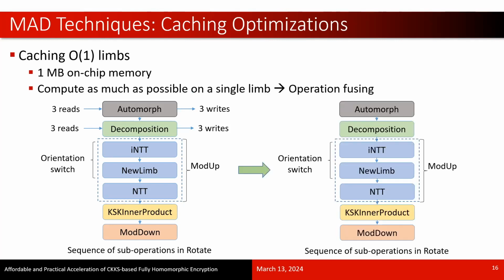So now we read a limb and perform automorph, decomposition, and inverse NTT in one go. As we now need an orientation switch for the NewLimb operation, we write the current limb to the main memory. We continue in the same fashion for all limbs of the ciphertext, thus saving many intermediate reads and writes from the main memory.